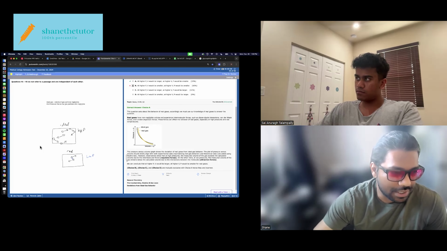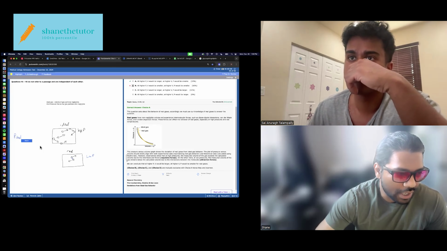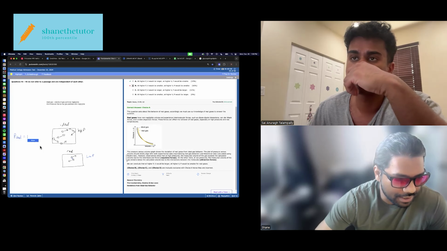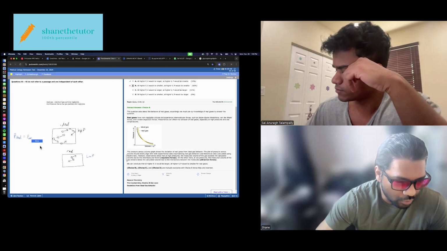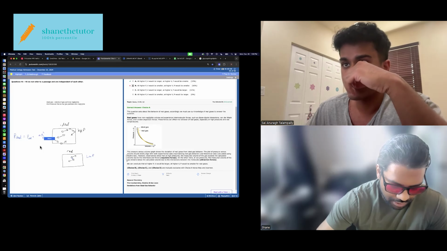The equation here is going to be: pressure of an ideal gas is the pressure of the real gas plus this term here.